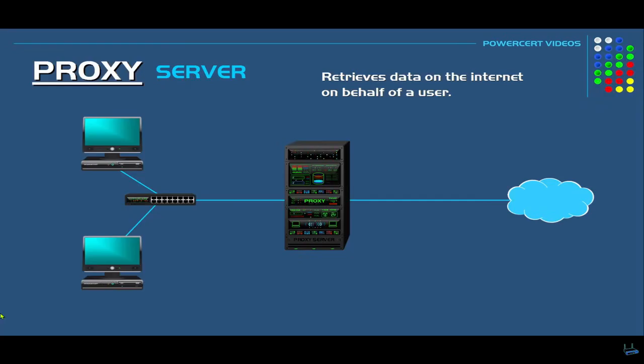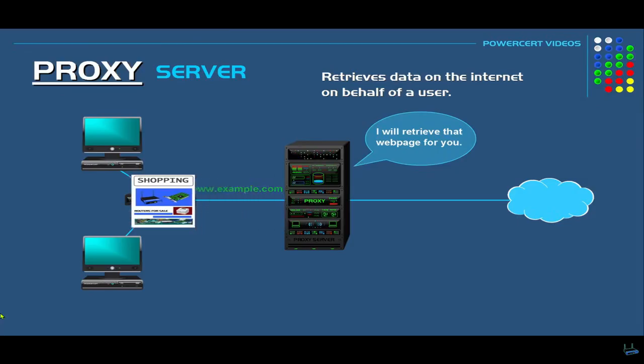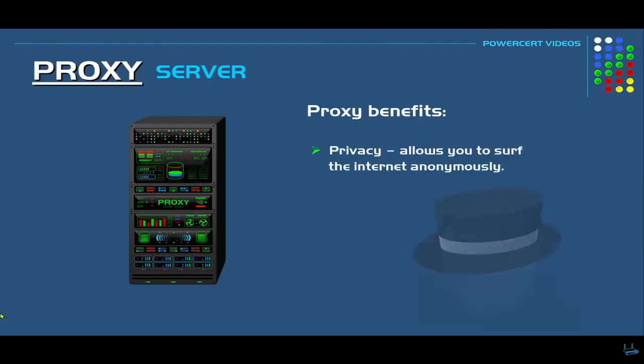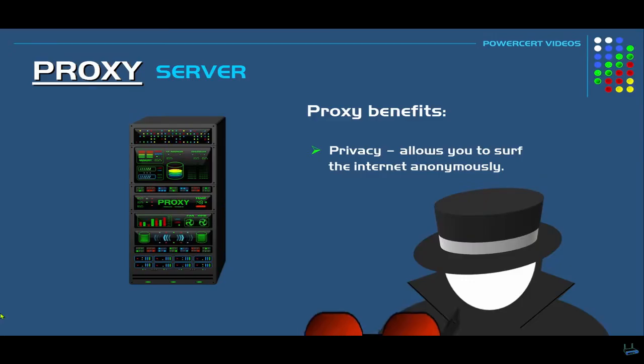So now when you want to go to a website, the proxy server receives the request from your computer and the proxy server will directly retrieve the web page on your behalf and then send it to your computer. So the question is, why would you want to use a proxy server? Well, a proxy has several benefits, and one benefit is privacy, because it allows you to surf the internet anonymously, because it hides your IP address.